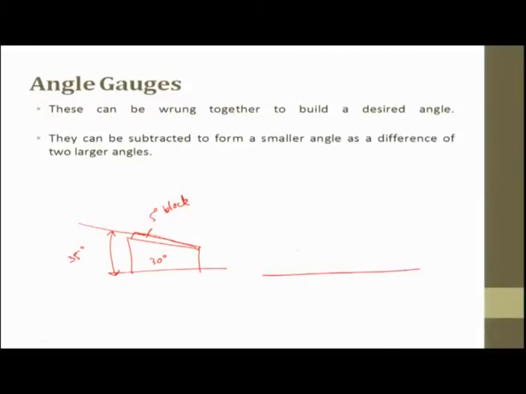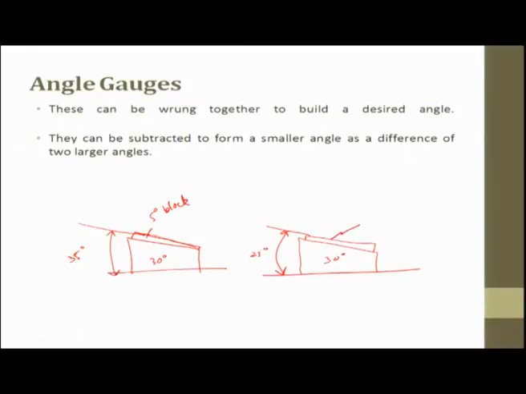The other way around, just giving you an example, this is again a 30-degree block, and then you place the other block in the reverse direction, and here the angle is only 25 degrees.